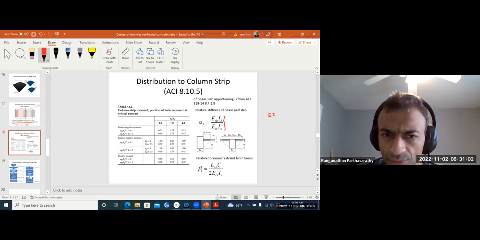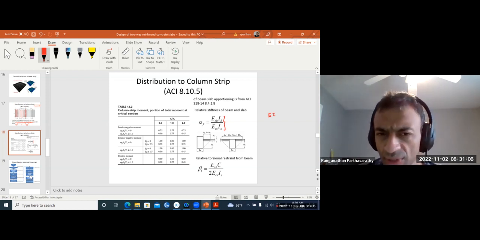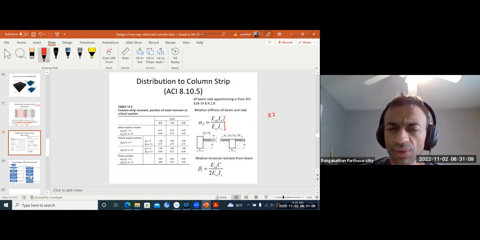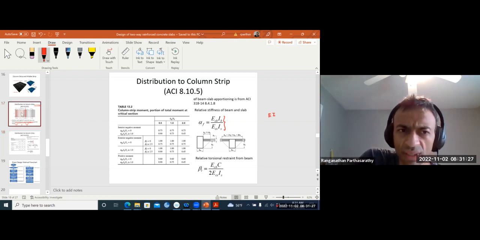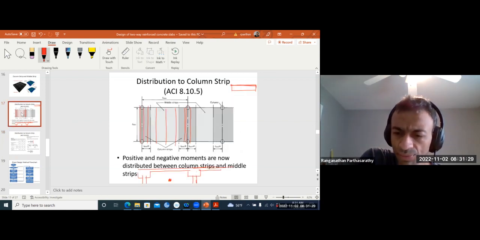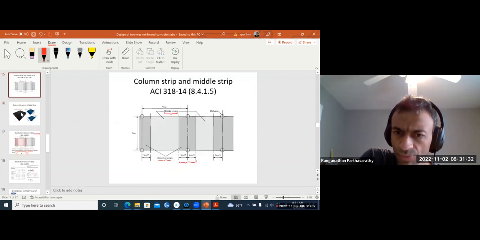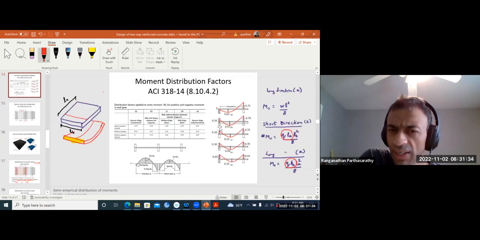Now how to distribute these moments. You have interior negative moment, exterior negative moment, and positive moment. This table from my ACI code tells us, out of the first step we did, where we got the positive and negative moments, right?